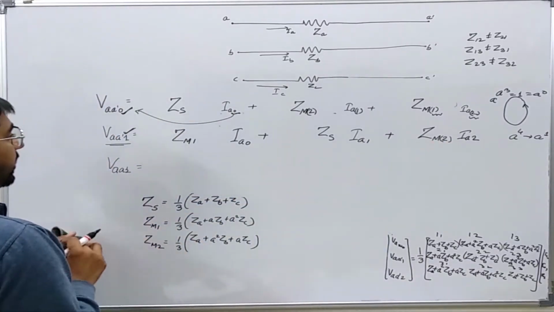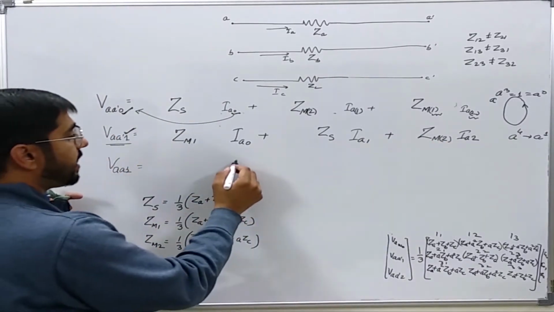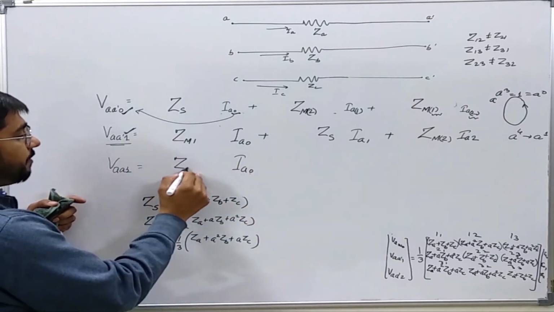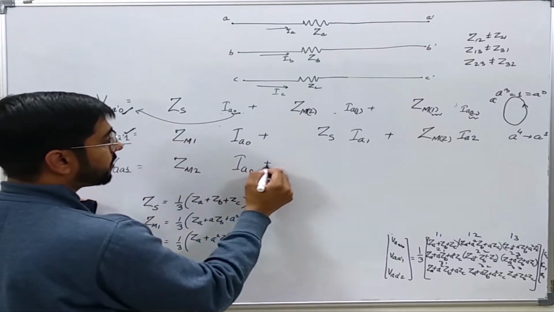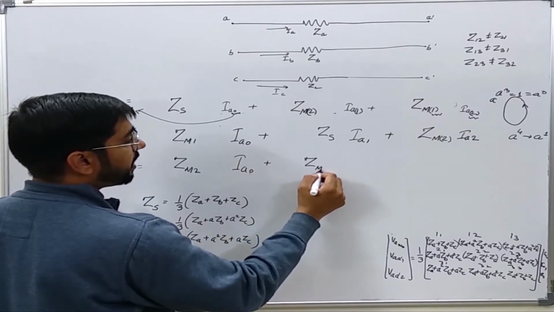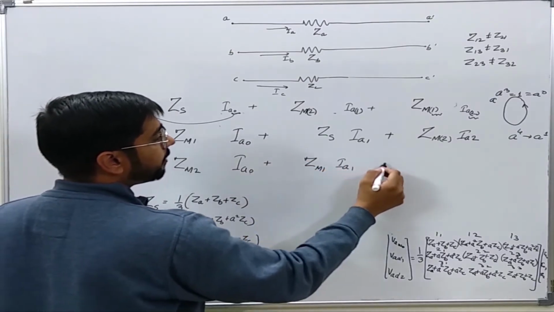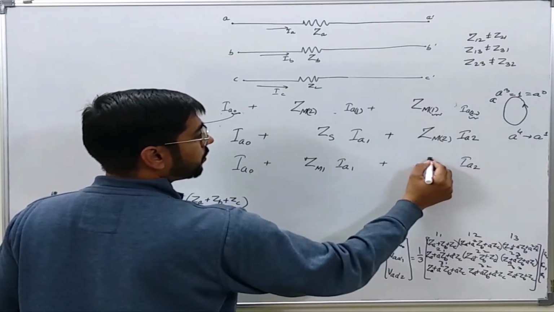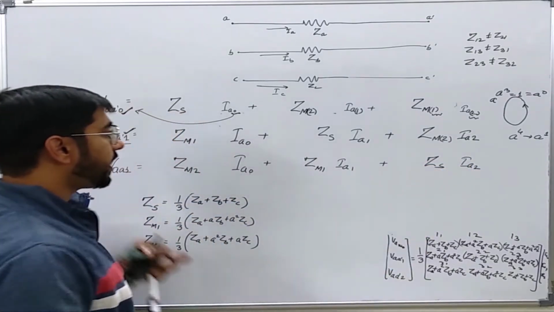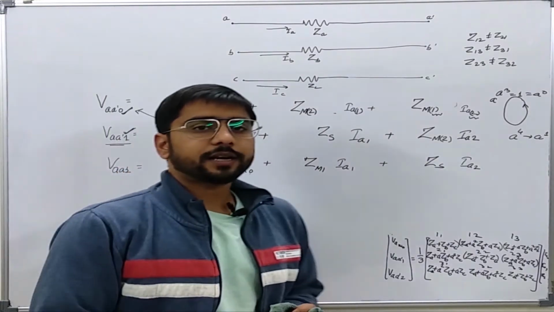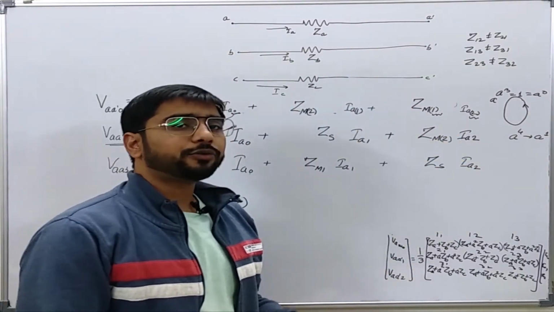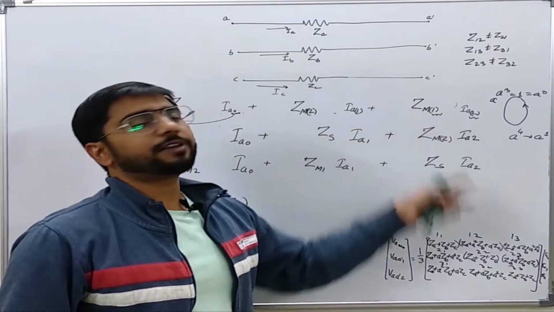Now let us write the third equation directly. IA0, 0 plus 2 should come, ZM2, plus ZM1 IA1 plus IA2 ZS. Okay, so in this way we can directly write these three equations. Now how to memorize this, what is ZM1 and what is ZM2?